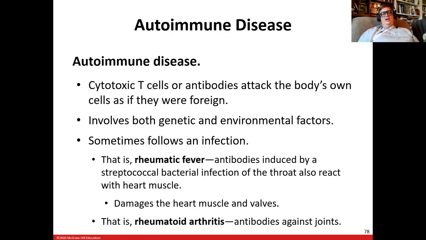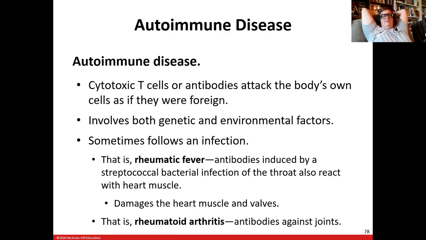It's too good at the job, and it's destroying good cells. This could be rheumatic fever. And it says antibodies induced by bacterial infection in the throat also attack the heart muscle.